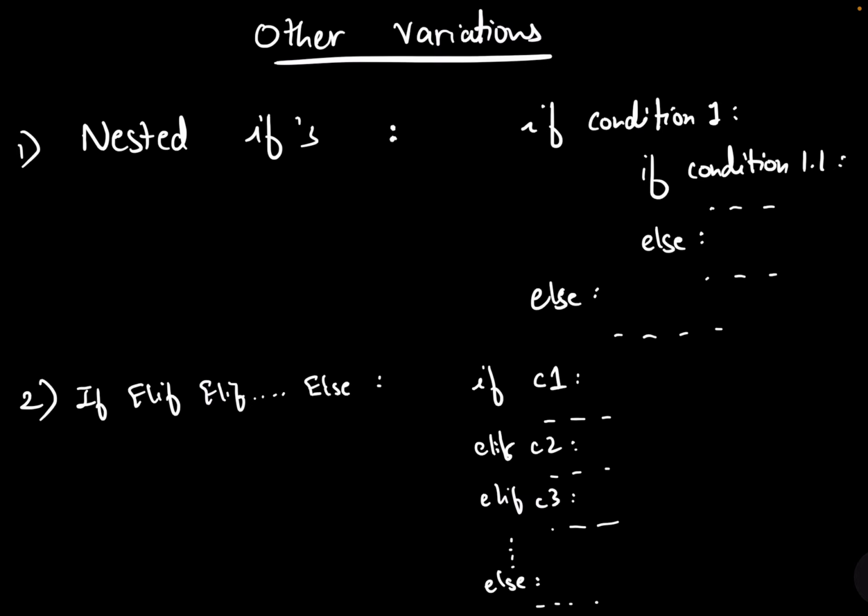Else if C2 holds, then it will execute the block of code below C2. Else if C3 holds, then it will execute the block of code below C3, and so on till however many elif statements there are. Finally, we can end in an else, which will occur if none of these elif and if statements evaluate to true. And then the block of code written under else can be executed.